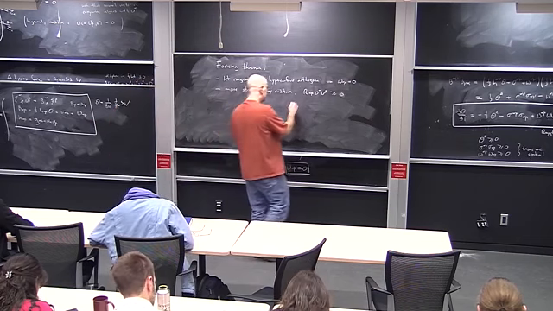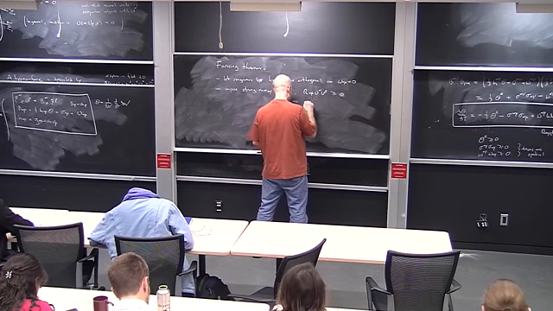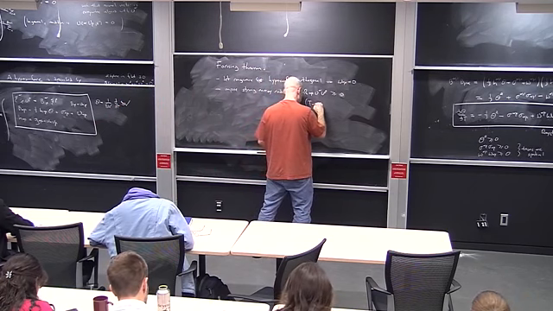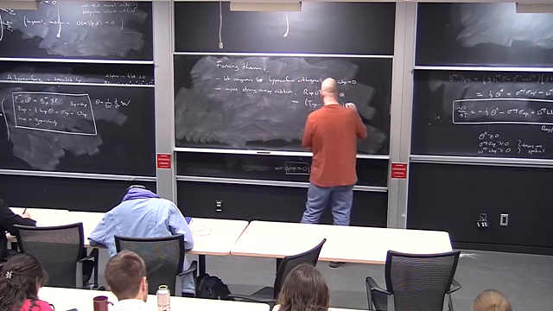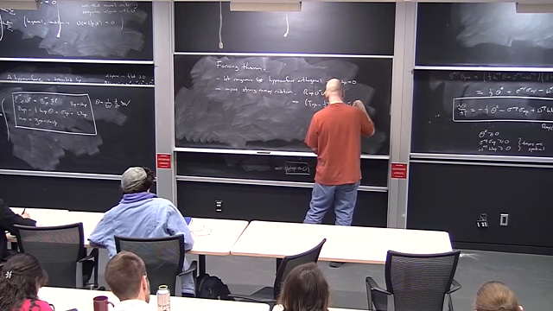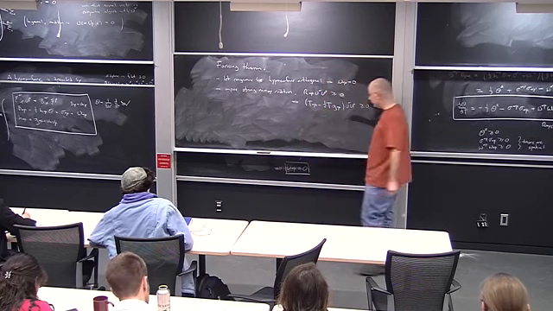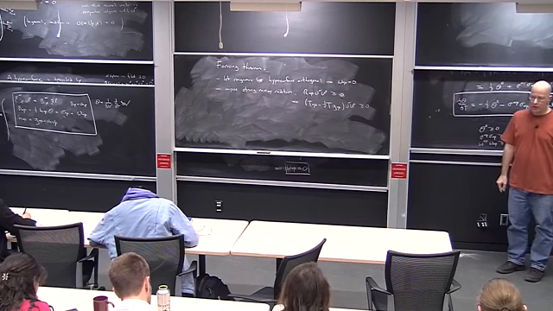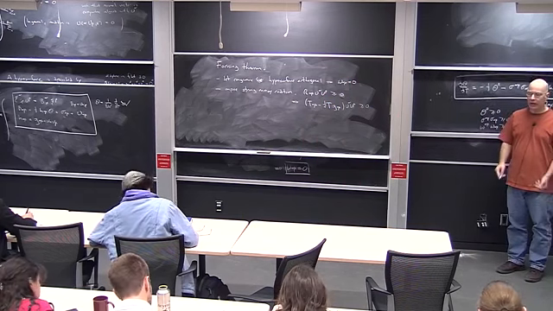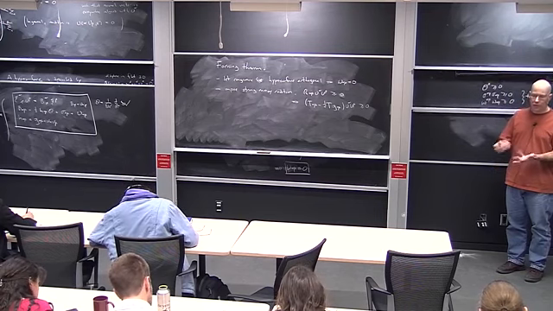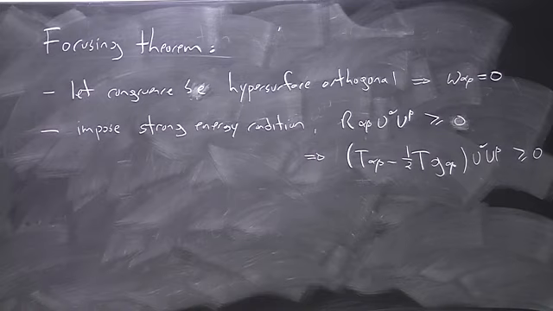So another way of writing this using the Einstein field equations is that this combination of T mu nu and its trace dotted with U also has to be positive. And in the book, I give you a bit more discussion on this, and I show you how that relates to the sign of the energy density, the sign of the pressures, and various things like that. And the expectation is that most forms of matter in the classical world will be satisfying this condition.